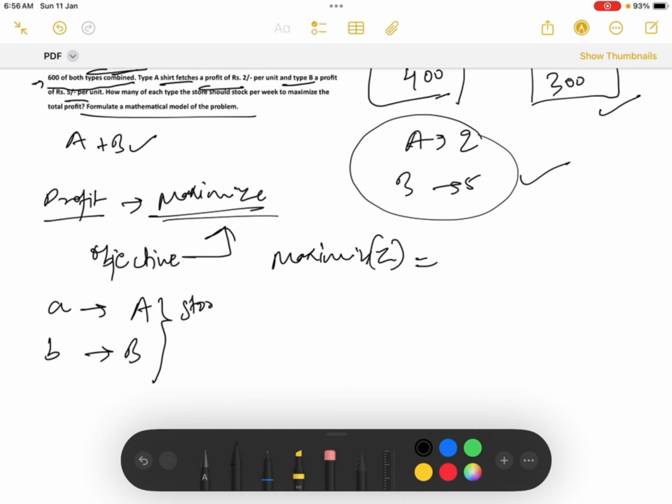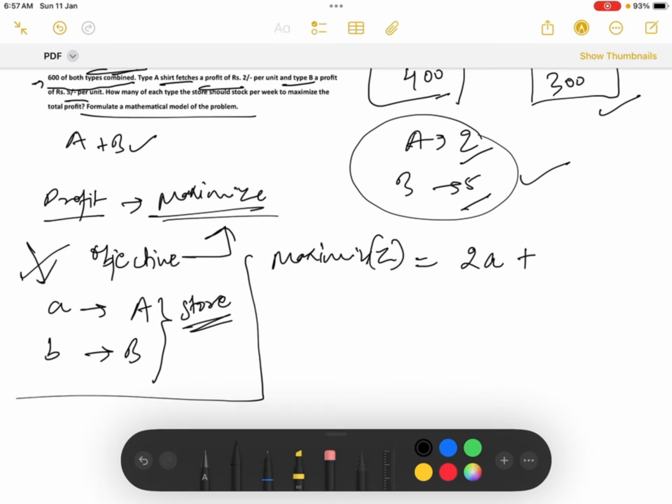You have to write this in exams also if you are giving a subjective kind of paper. So firstly, this is the basic. A is giving a profit of 2, B is giving a profit of 5, and we have to maximize that. That is 2A plus 5B. So that is the maximize Z.